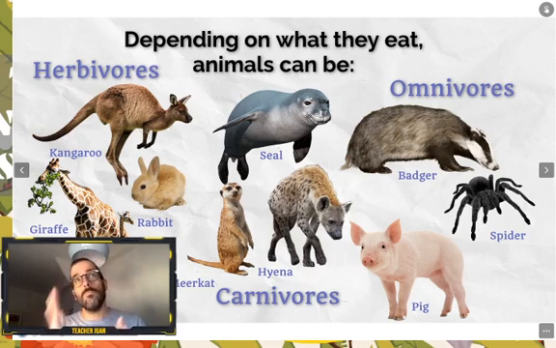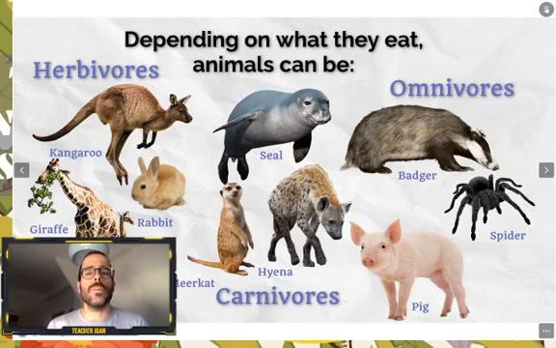And among them, we've got the third group that are those animals that eat plants and meat. So they eat both things, and they are omnivores. We have here 3 examples: the badger, okay, el tejón, the spider.